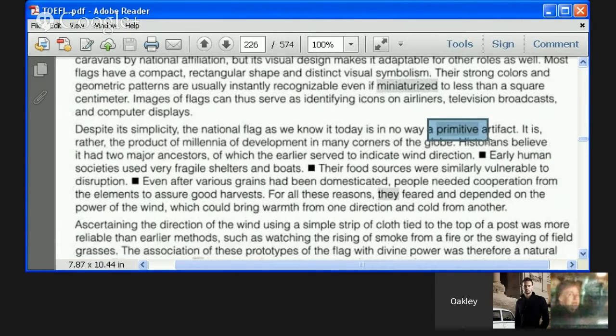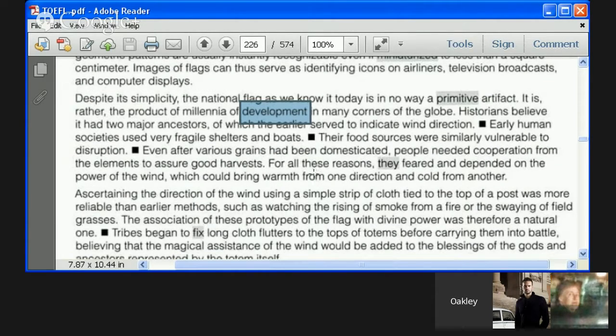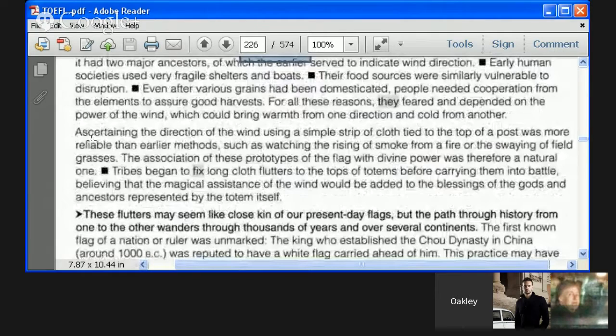I think you got the idea. Maybe to make it even simpler: primitive development, always in reference to flags. So basically that's what you said. Primitive development of flags, maybe.